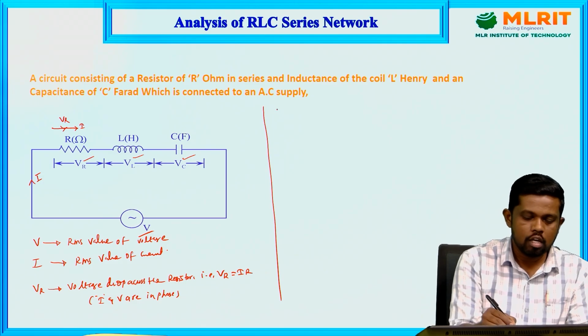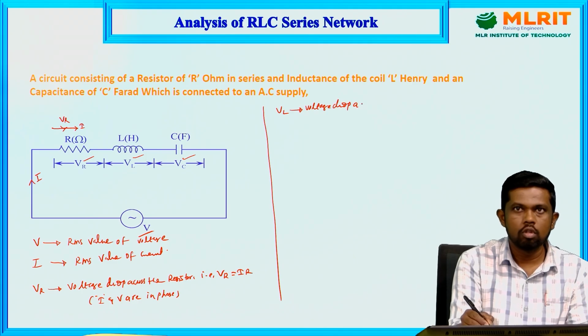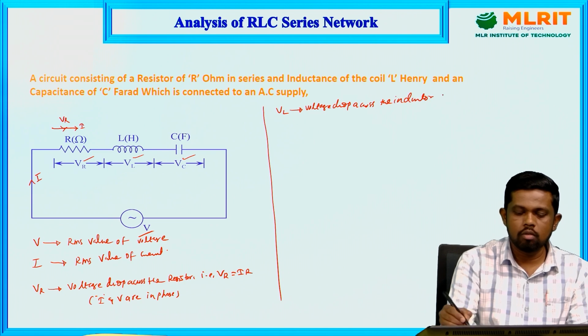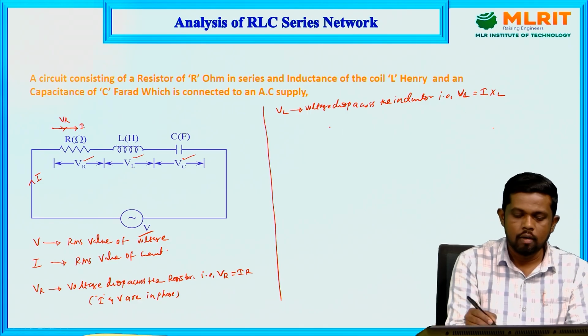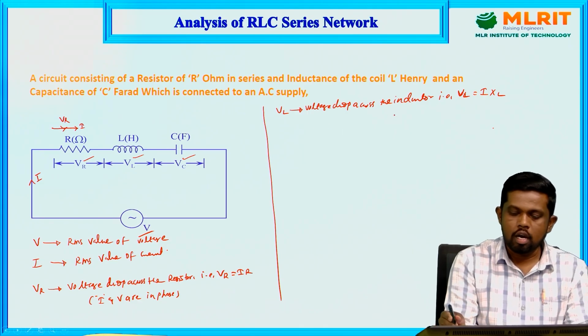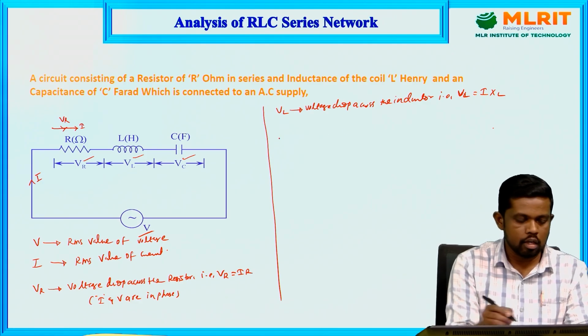Now coming to the next vector, VL, the voltage drop across the inductor. We can expand this as VL equal to I into XL according to Ohm's law. With reference to the current, the voltage should always be leading in this case.